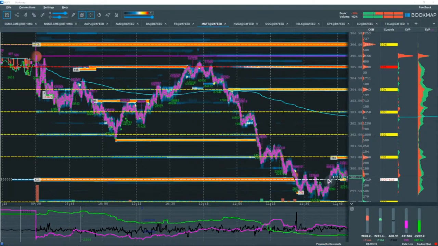Thinkorswim has detailed option stats for all the instruments in there, so I can see the total number of calls traded on the ask and on the bid, and it also shows the open interest and volume for each stock.